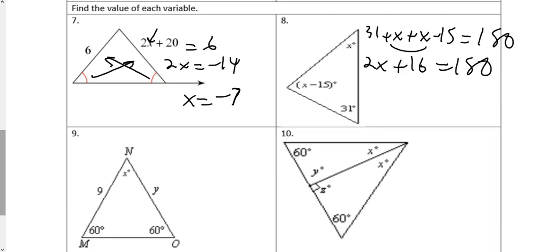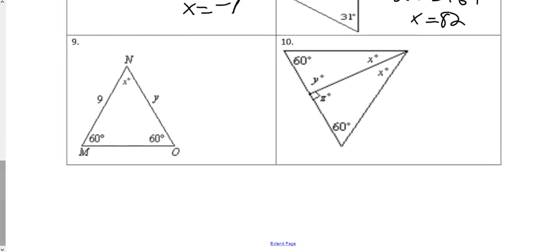So we subtract 16 from both sides. When we take 180 minus 16, we get 164. Now if we divide by 2, we get 82. Now remember, the directions just say solve for each variable. We're not trying to discover what all the angles are.